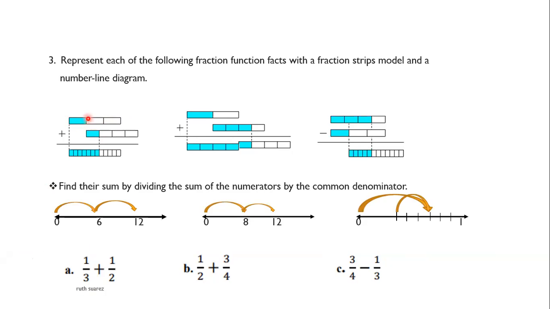So that's going to be 1/3 plus 1, 2, 3, 4, with only 1 shaded in, plus 1/4. That in return is going to give you 1, 2, 3, 4, 5, 6, 7, 8, 9, 10, 11, 12.